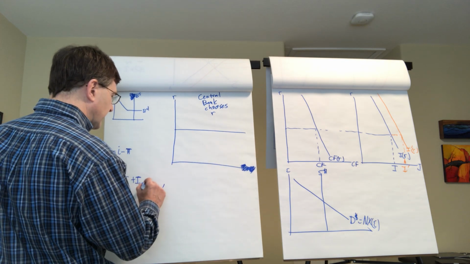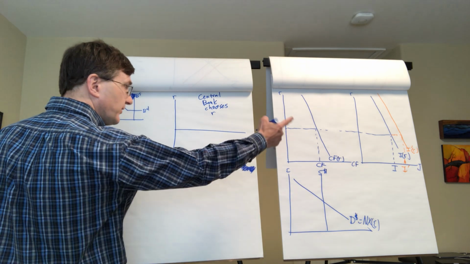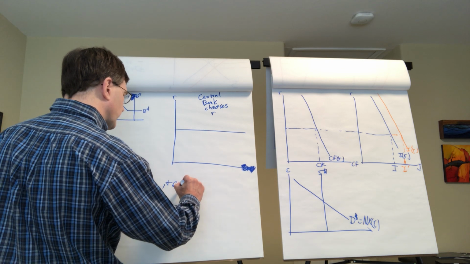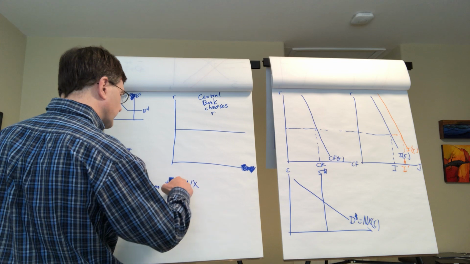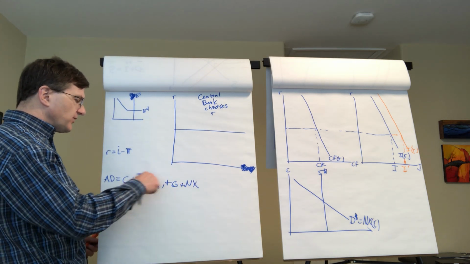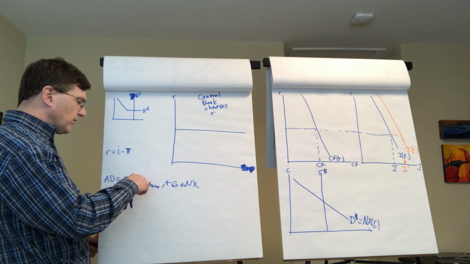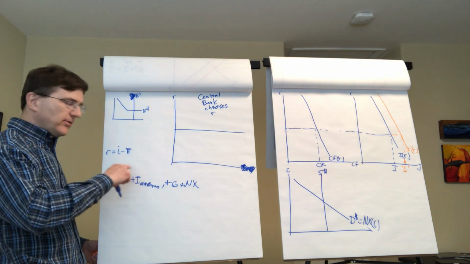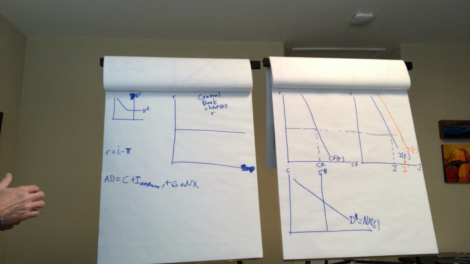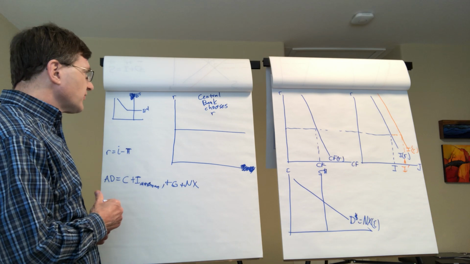It is intentional investment, but I'm not writing that out anywhere else. And then you have government purchases and net exports. Well, net exports are staying the same. No reason for government purchases to change. The intentional investment has gone up, and so aggregate demand goes up, and then you have second and third round effects of consumption going up because output goes up. So we do have a change in aggregate demand in this case.